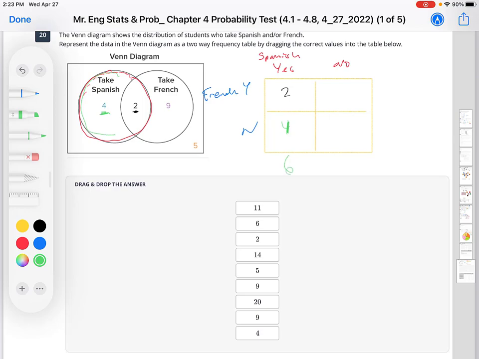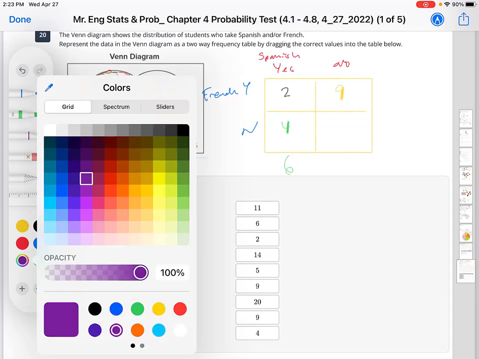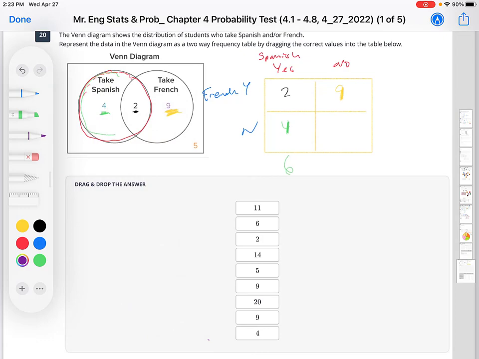Okay, no Spanish, but yes to French. So this person is taking French only. This is a 9. And then no to Spanish and no to French would be these 5 people outside of the circle.